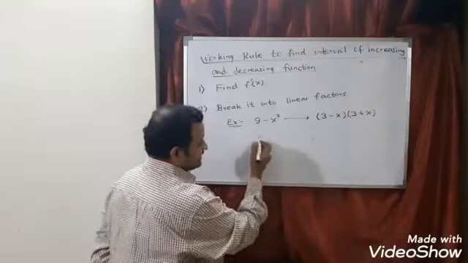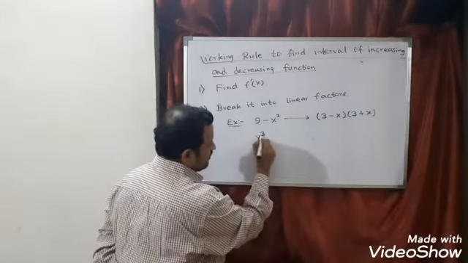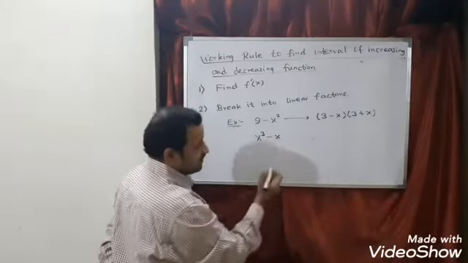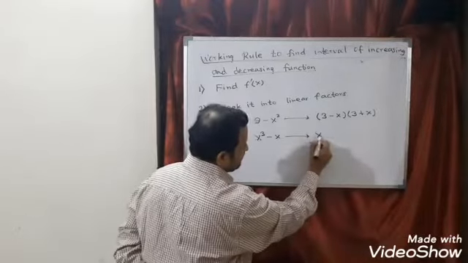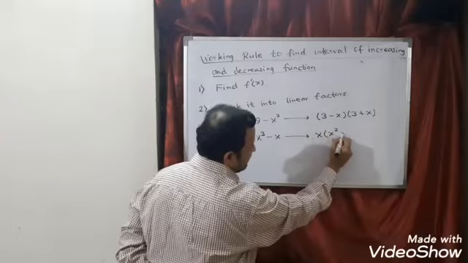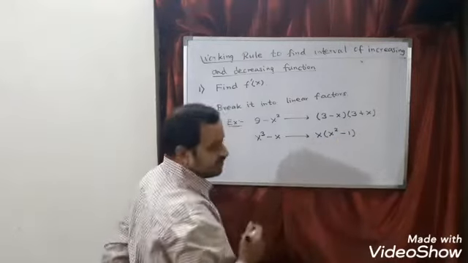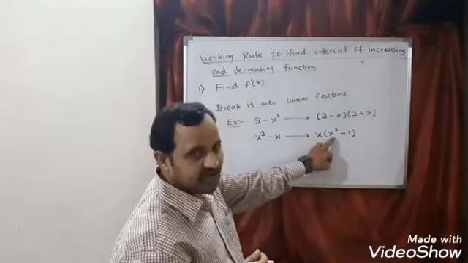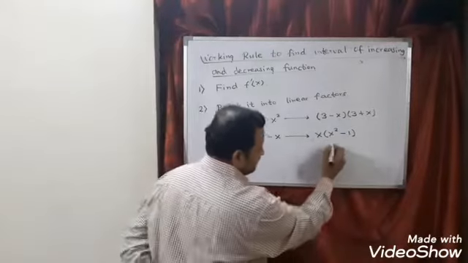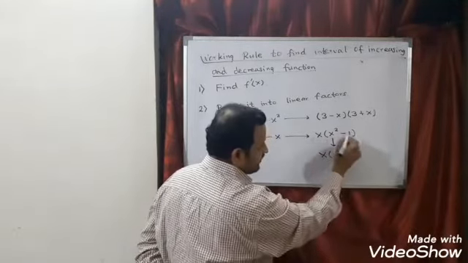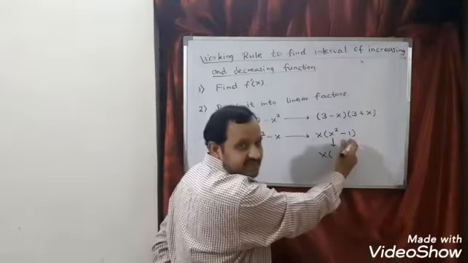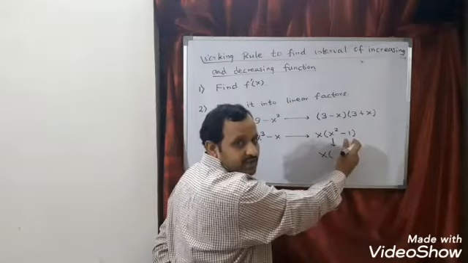Let us take some more example. X cube minus x. How to break this? We can take x common. So what you will get? X square minus 1. But again you can see here degree of x is 2. So this further we can break using a square minus b square equals a minus b into a plus b.